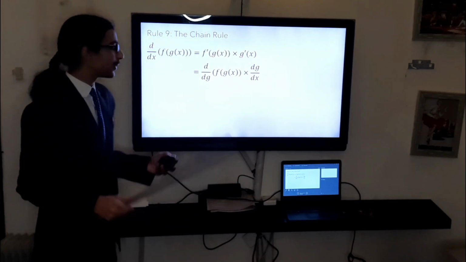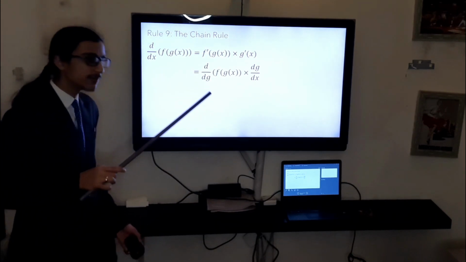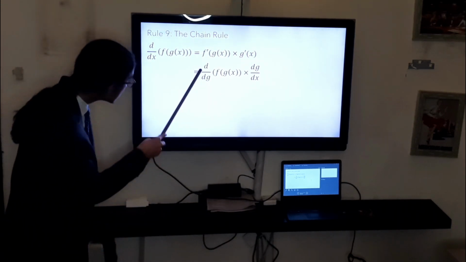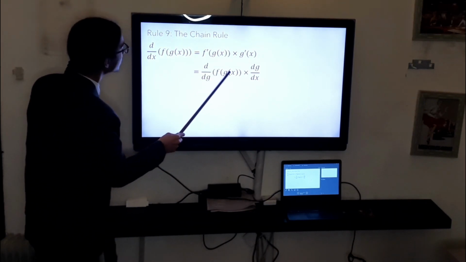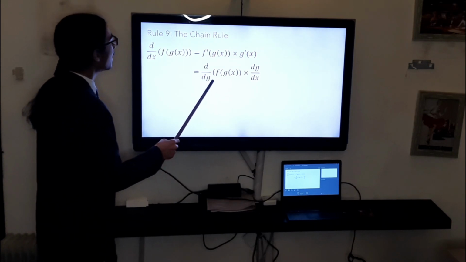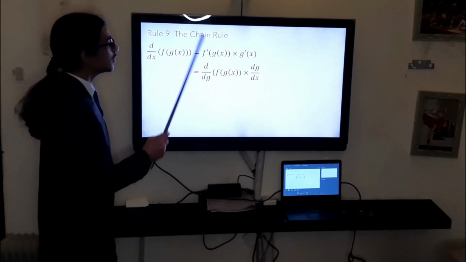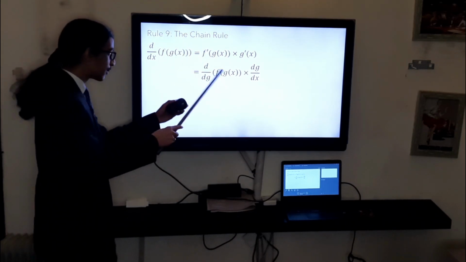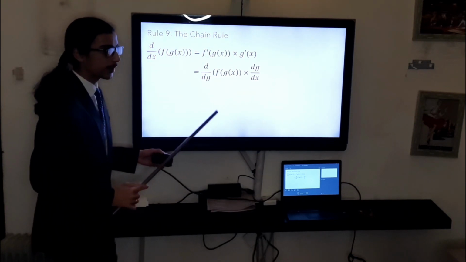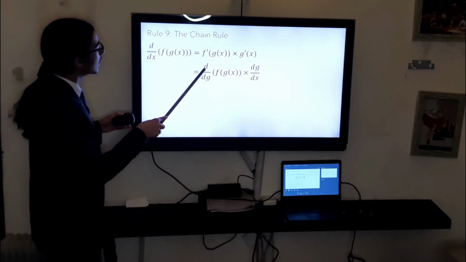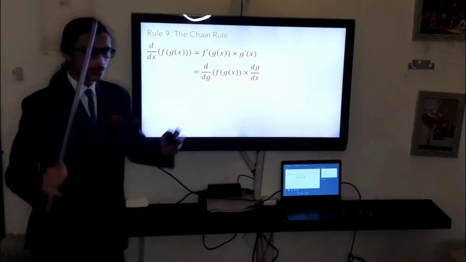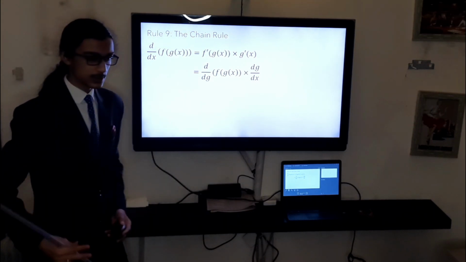I'm taking a teeny tiny change in f and dividing it by a teeny tiny change in x. But this is a derivative with respect to g of x. So I'm taking a teeny tiny change in f of g of x and dividing that by a teeny tiny change in g of x. That's what this is. But we're taking a derivative with respect to g. So this is how you write this in Leibniz notation. If you're still kind of confused, I don't blame you. Here's another way to think about it.